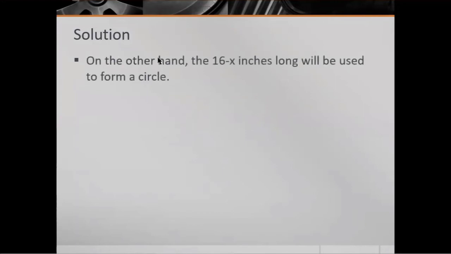On the other hand, the 16 minus x inches long will be used to form a circle. So we have the circumference of the circle as 2 pi r equals 16 minus x. And to solve for r, ito ngayon gagamitin natin itong equality na to.